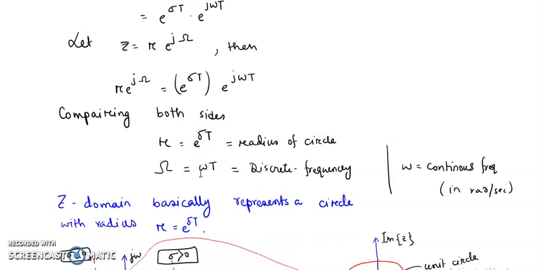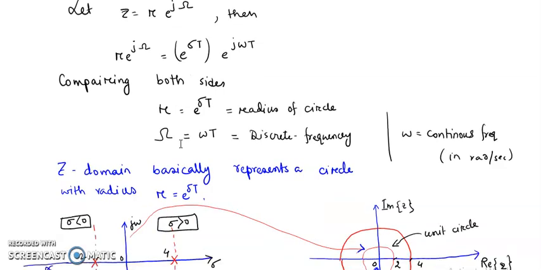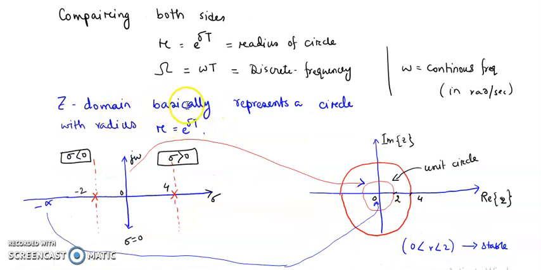So this is r, and this is your e to the power j omega T. These two terms, omega and r, are used to represent the circle in the Z domain corresponding to the Laplace transform output using sigma. So the Z domain basically represents a circle with radius r, where r is given as e to the power sigma T.